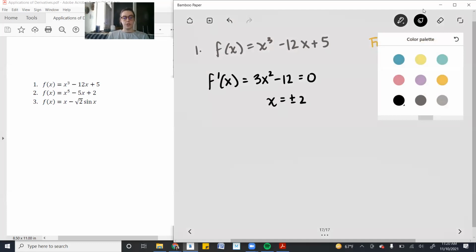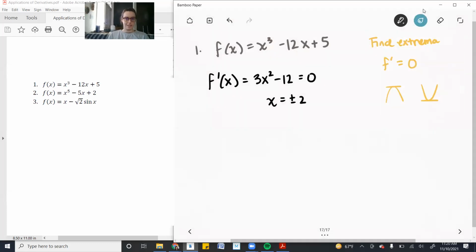Now I need to just show that it's a min or a max. And the way we did that before was with the first derivative test. And we tested around these critical numbers, because remember, these are critical numbers, places extrema might happen.